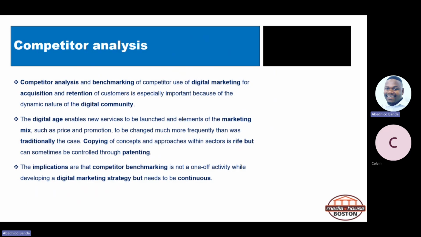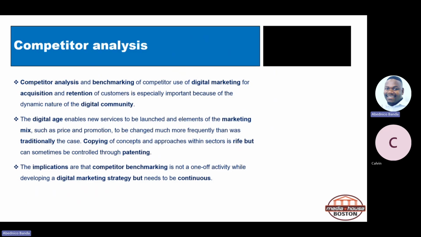So it is also crucial for brands to understand how their competitors engage with customers online, behave in the digital community. What platforms are they using? How many followers do they have? What is the frequency of their marketing campaigns? When do they engage with the customers?